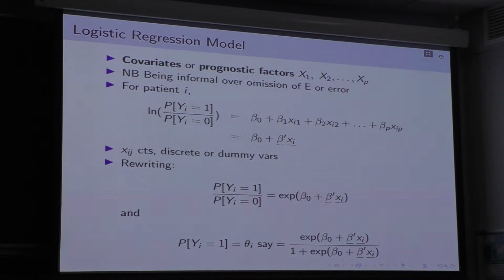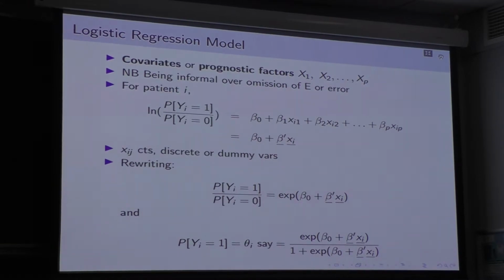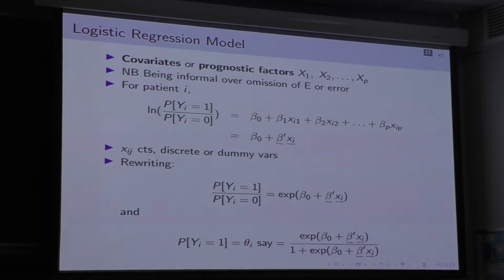So the exponential of the predictor over 1 plus that exponential is the way to get the probability, and this will be in 0, 1 as it should be. So this is the logistic regression model.